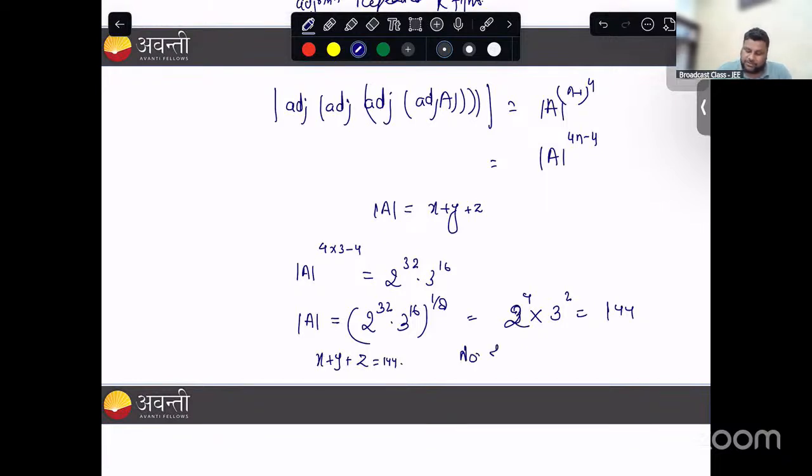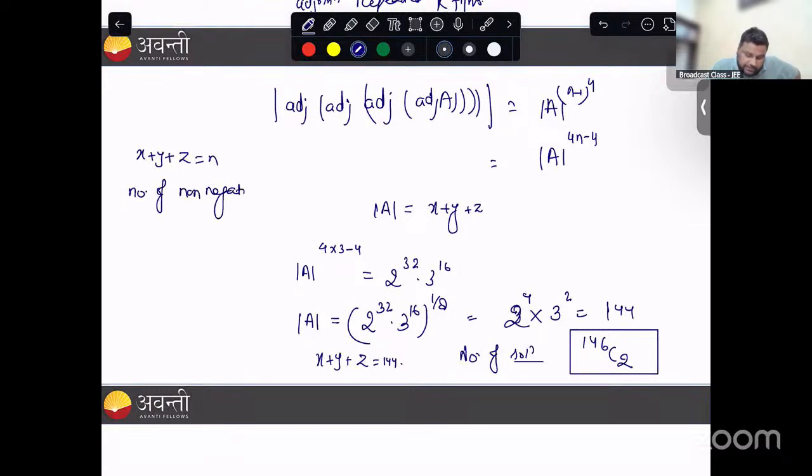And the number of solutions will be 146 C2. Correct? Am I clear? Last but one step, this comes from PNC basically: if x plus y plus z equals n, the number of non-negative integral solutions will be n plus 2 C2.